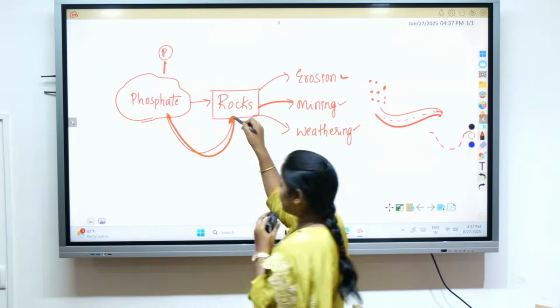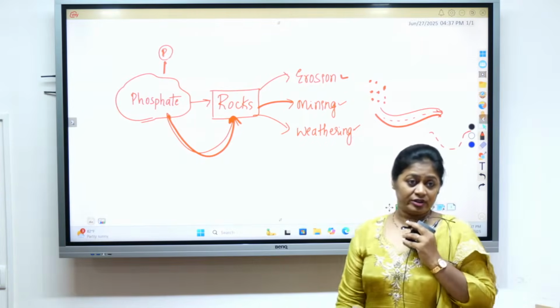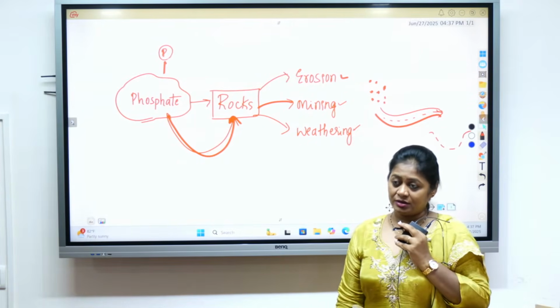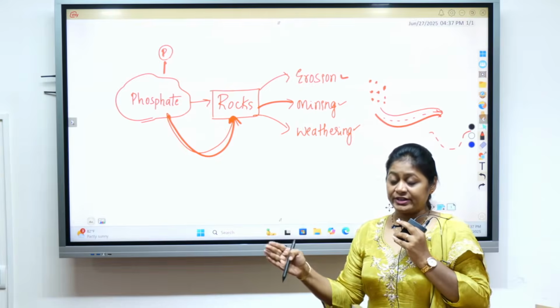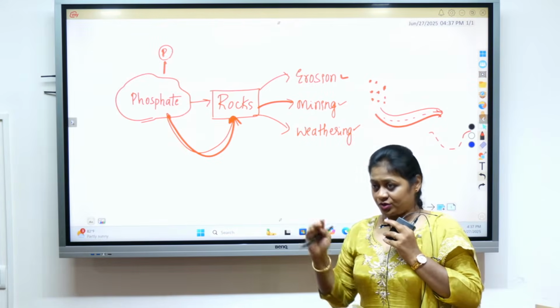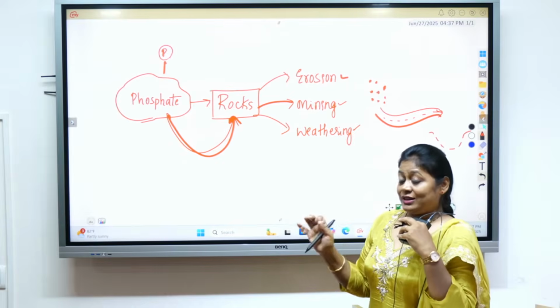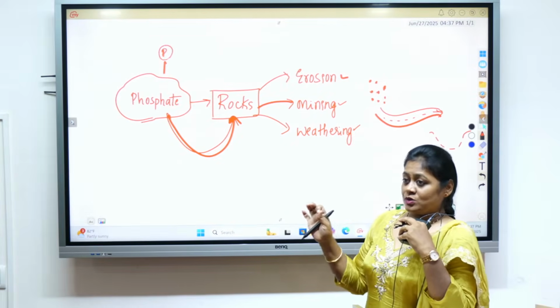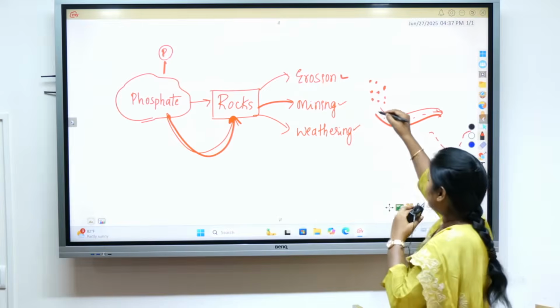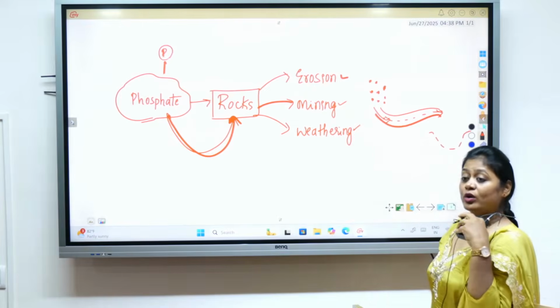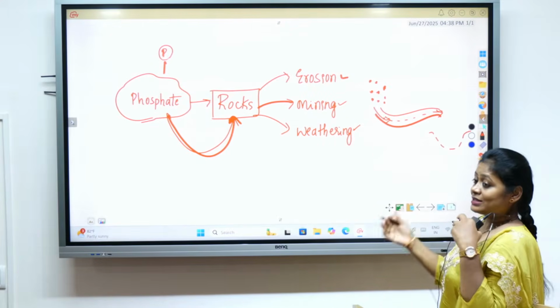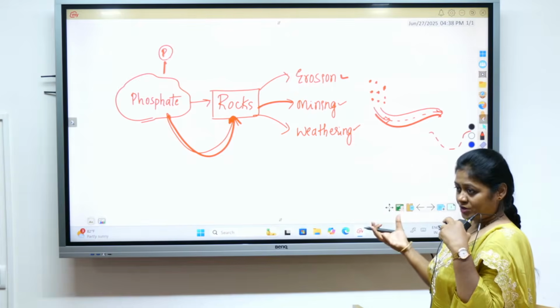So phosphorus is present as phosphate, locked up in rocks. Due to weathering, erosion and mining, these phosphates get released to the land surface and into the river water. This river water carries the phosphate.